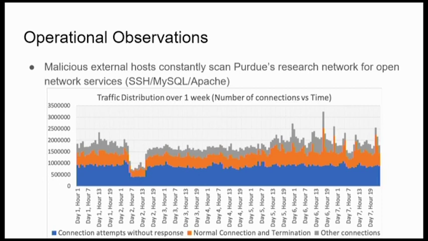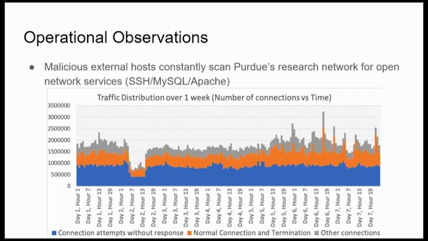This diagram shows the connections over a week. The part shaded in blue is any connection that is initiated but does not receive a response. So you can see a majority of the traffic that we see is a connection that is initiated but does not get a response, and this includes all the scanning that is happening on a network.